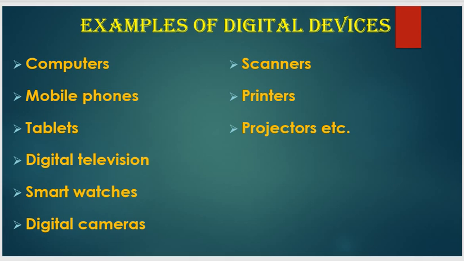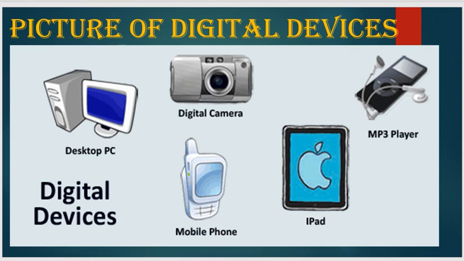Now here we have some pictures of digital devices. Okay, so with the examples we mentioned earlier on, these are some few images of digital devices. We have the desktop PC, okay, or the desktop computer. We have a digital camera, we have a mobile phone, we have an iPad, which looks similar to a tablet.